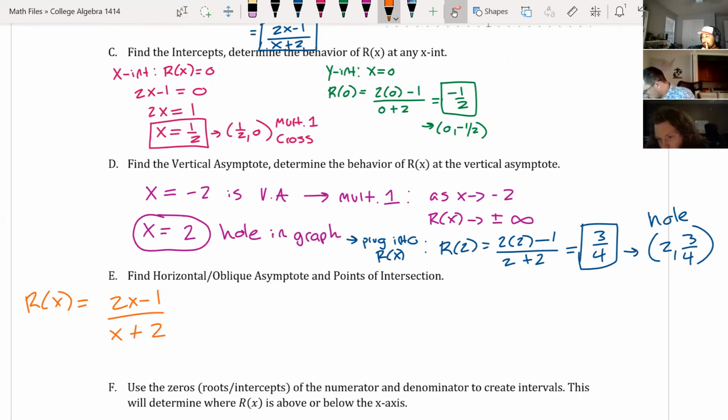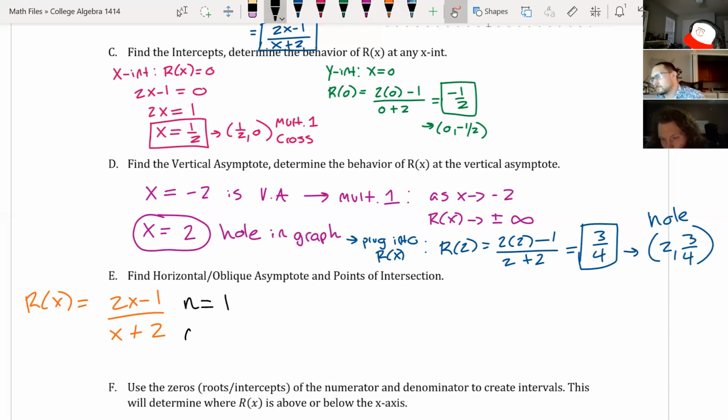What is the degree of the numerator? 1. What's the degree of the denominator? Also 1.